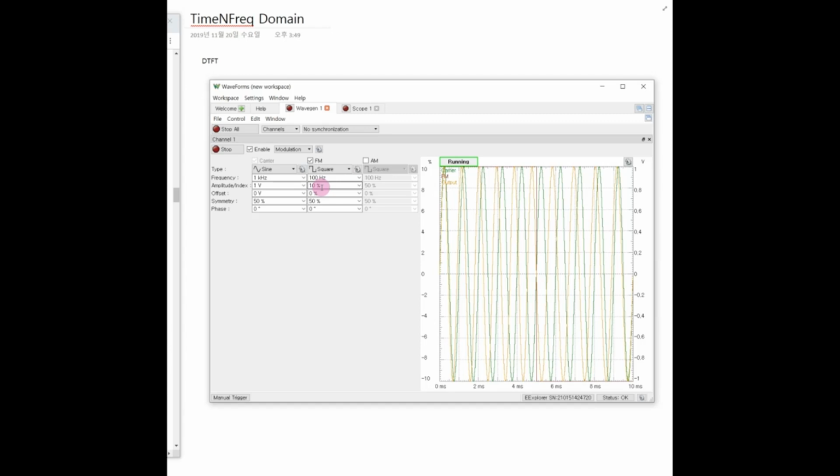So 1 and 0 are repeated at a 100 Hz rate. Modulation index, for example, if I take 50, then the frequency deviation is 50% of the carrier frequency. The carrier frequency at this moment is 1 kHz. 50% modulation means 500 Hz is changed.